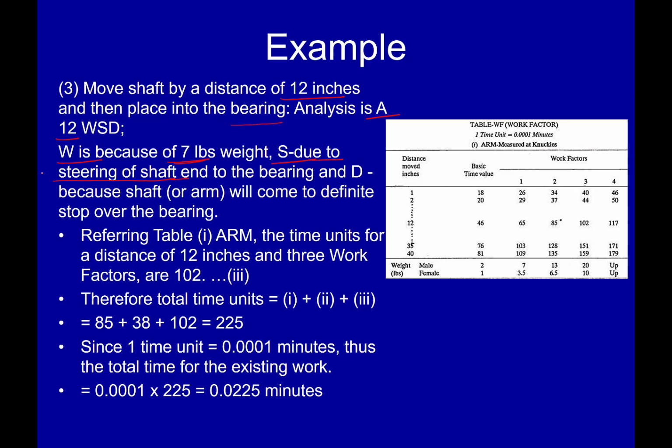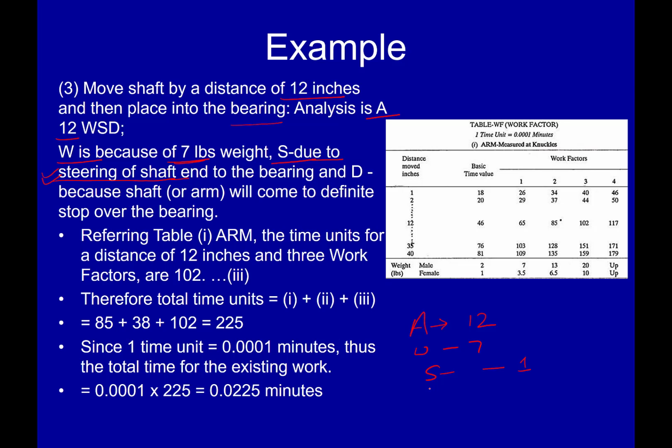So this is one additional work factor, and D is the definite stop, because the shaft will come to a definite stop over the bearing. So what we see here is the arm is moved by 12 inches, the weight is 7 pound, and S is the steering, that is one degree of difficulty, so one work factor.